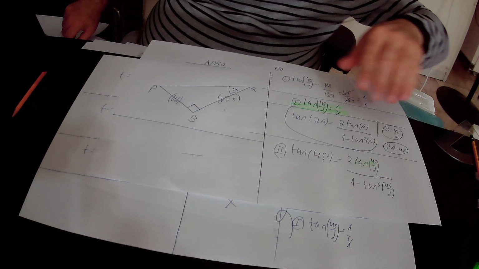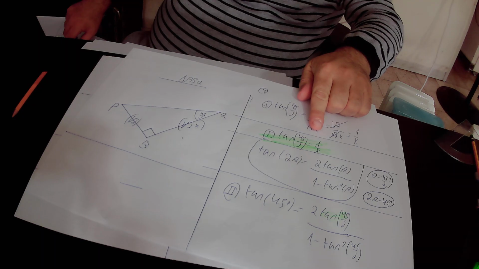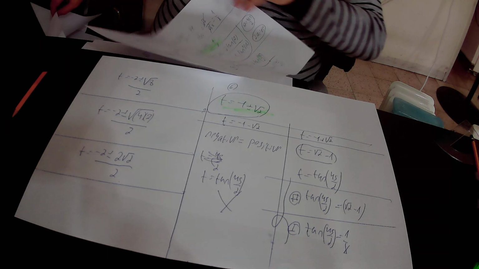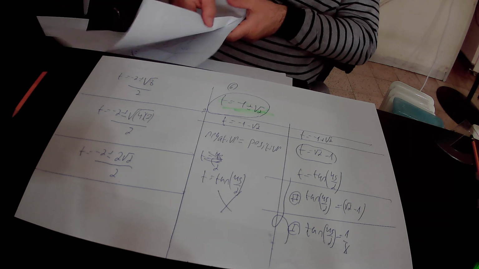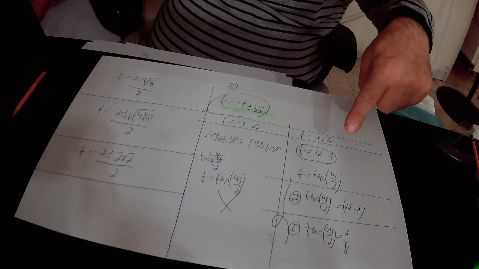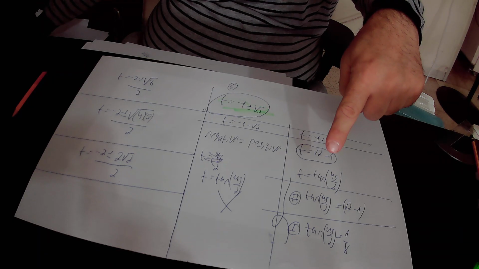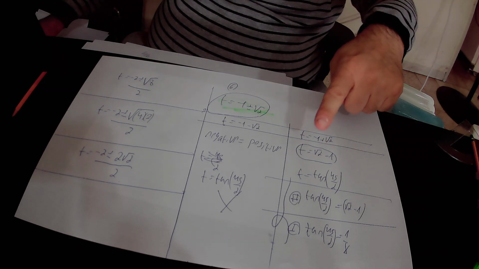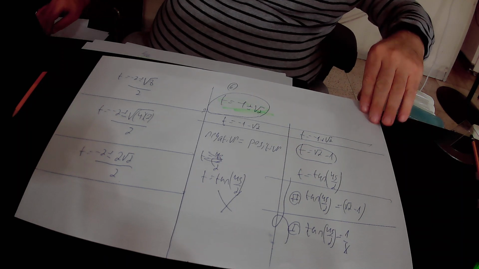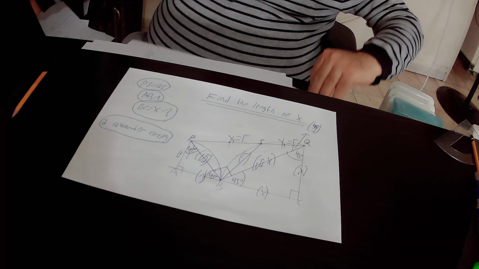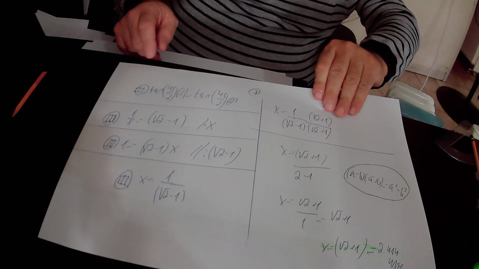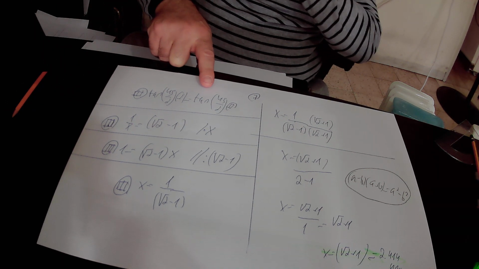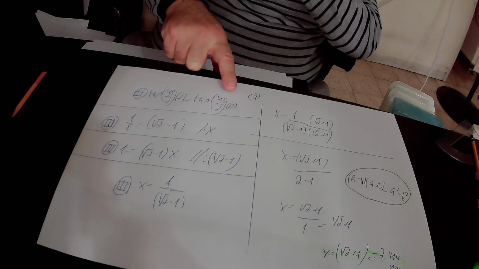So we actually have two different expressions for tangent of 45 over 2 degrees. Therefore we created equation number 3, stating that tangent of 45 over 2 degrees according to equation number 1 must be equal to tangent of 45 over 2 degrees according to equation number 2.